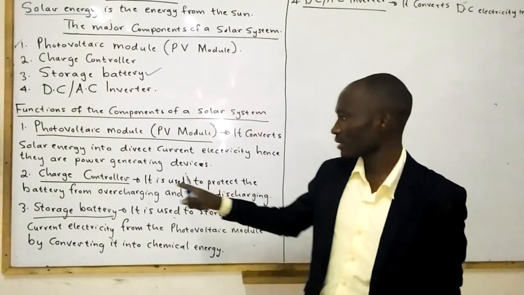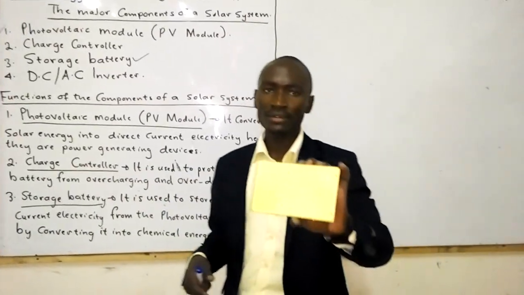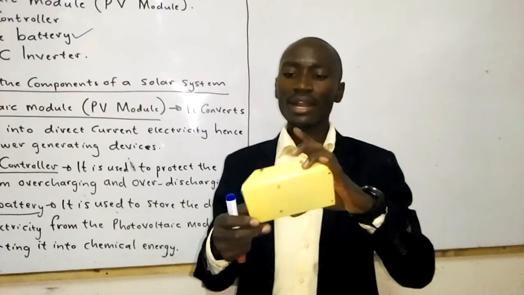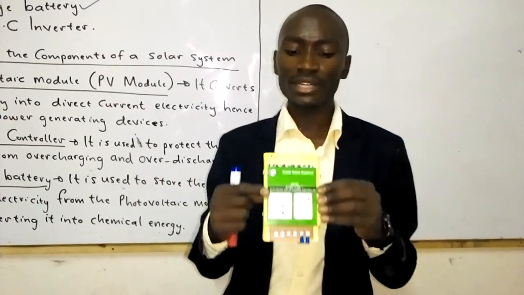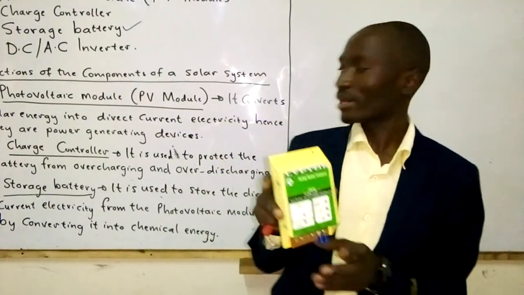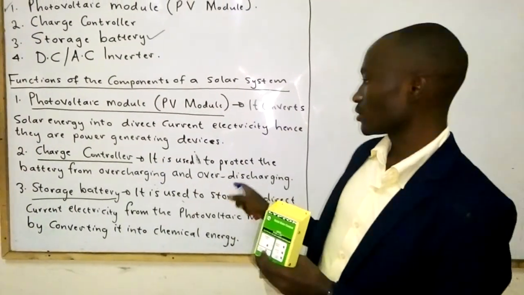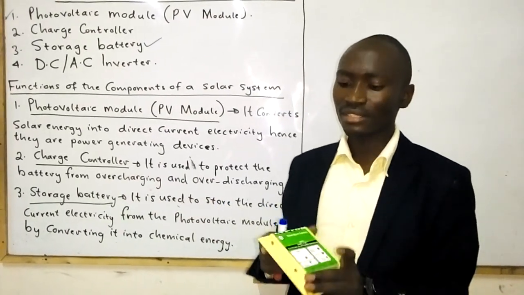The other component is the charge controller. Like we shall see in our next lesson, I will even configure them and you get to see the working. The function of this charge controller is to protect the battery from overcharging and overdischarging.